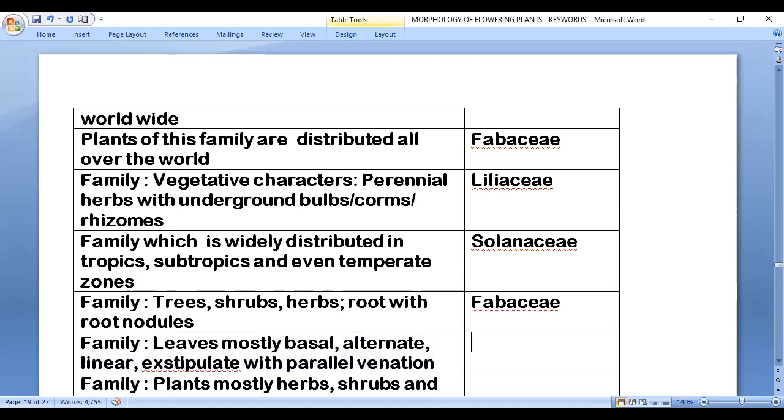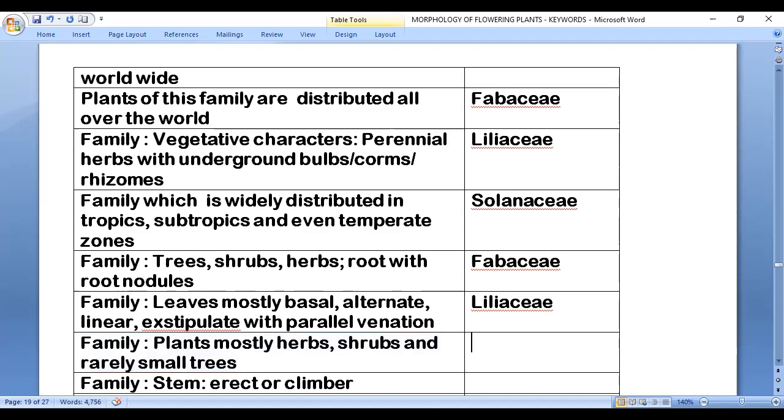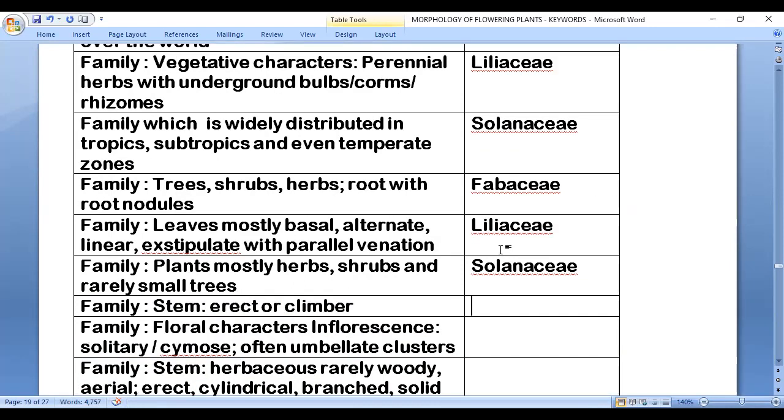Leaves mostly basal, alternate, linear, exstipulate, with parallel venation, Liliaceae. Plants mostly herbs, shrubs, and rarely small trees, Solanaceae. Stem erect or climber, Fabaceae.